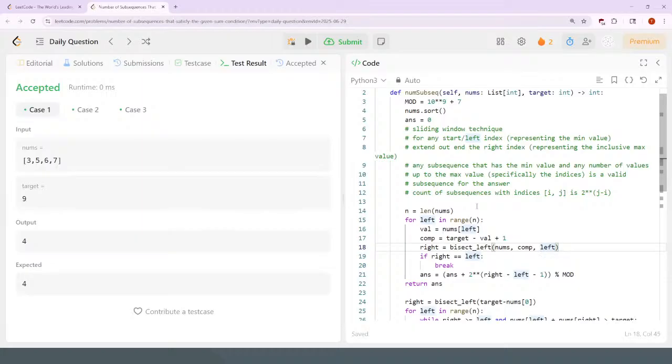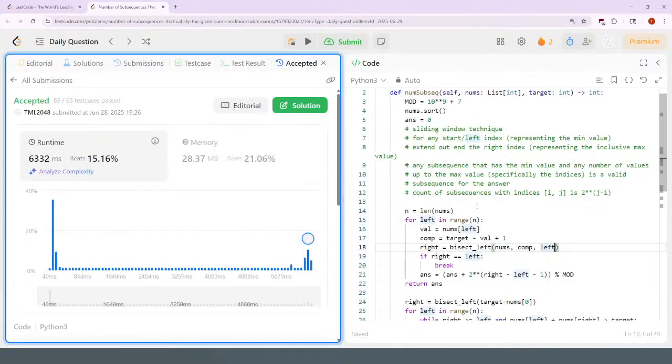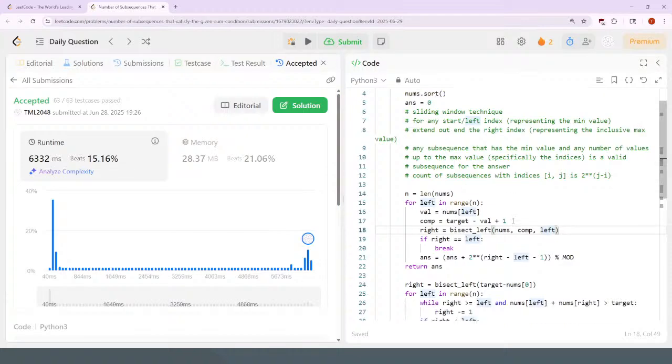So I need to search through anything after left rather than anything before left, because then that's just impossible. I don't think this makes much of a difference. It makes zero difference because binary search is too fast for this to make a difference, I think. But it's a slight optimization.